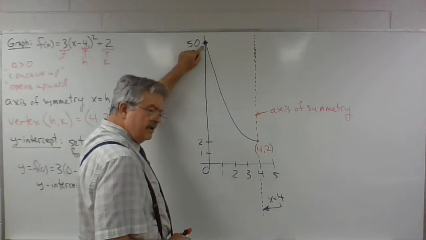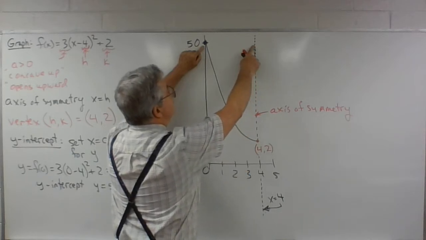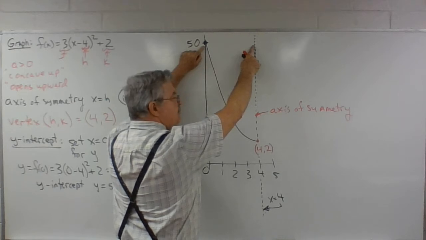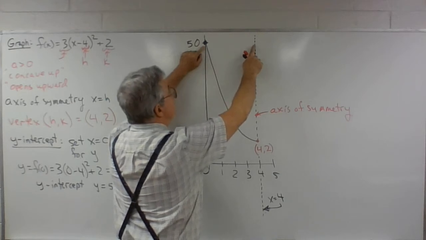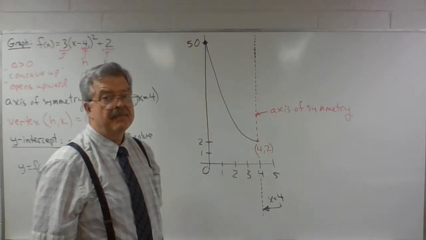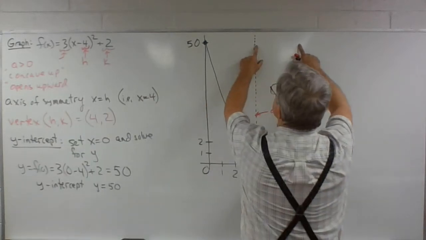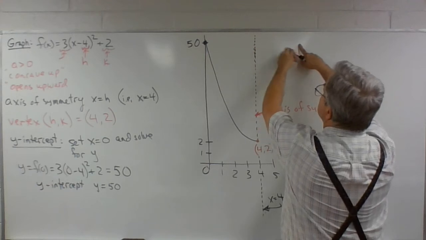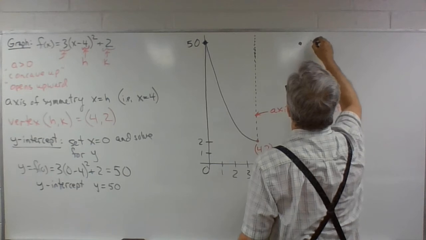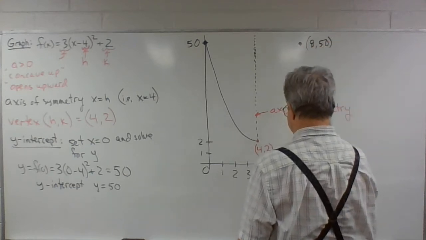The x-coordinate here is 0, and this is on the axis of symmetry, so the x-coordinate here is 4. How far apart are these 2 points? X equals 0, x equals 4. 4 units, right? And by symmetry, that means that there's a point 4 units on this side of the graph. I'm going to draw that point right now. X equals 8, y equals 50.